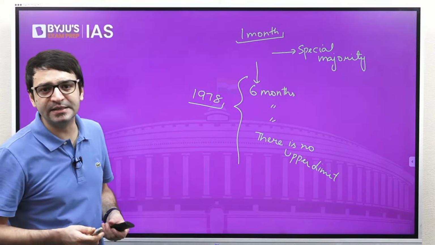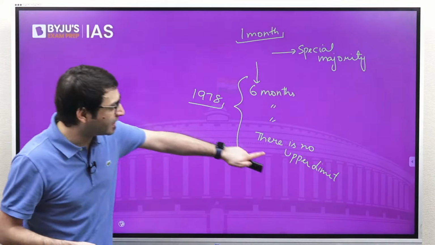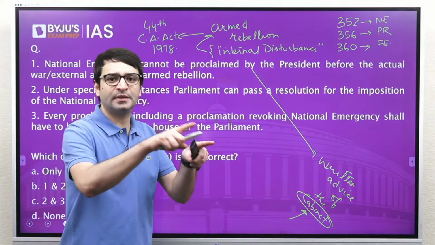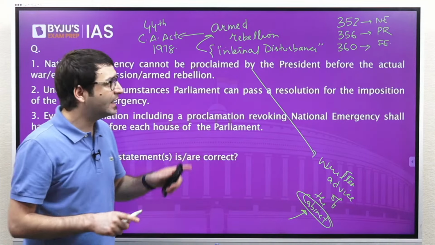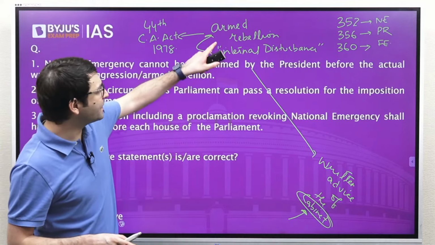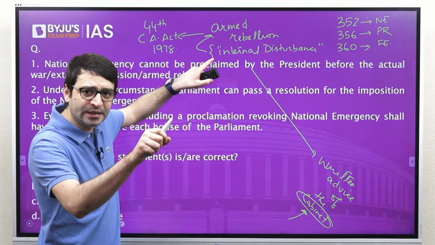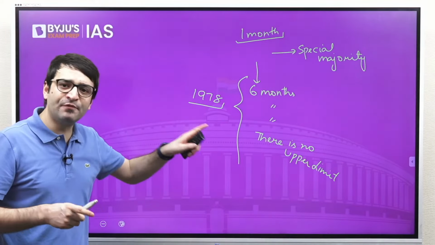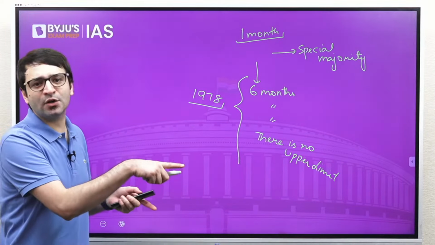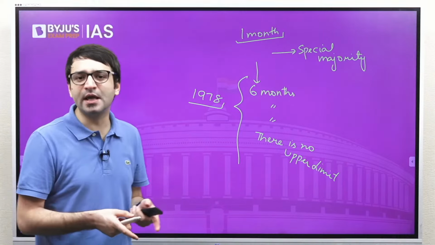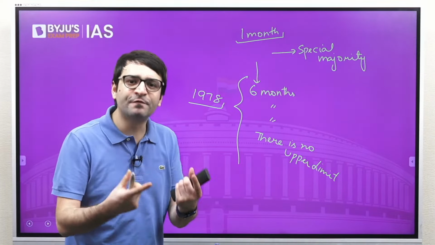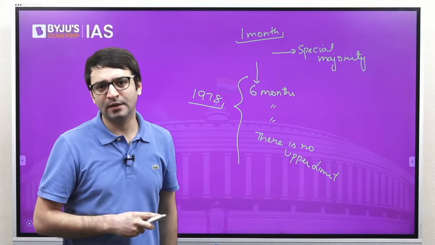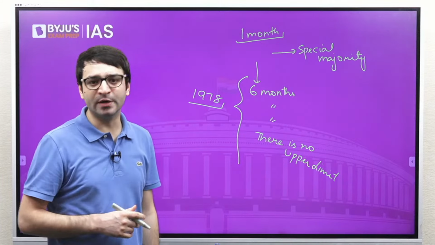One change in 1978 was, on the written advice of the Cabinet, national emergency can be imposed. That too can be imposed on the grounds of war, external aggression or armed rebellion, and at the same time, every 6 months, you have to again go back to the Parliament, seek the approval of the Parliament, and further give approval. This is what we call national emergency.